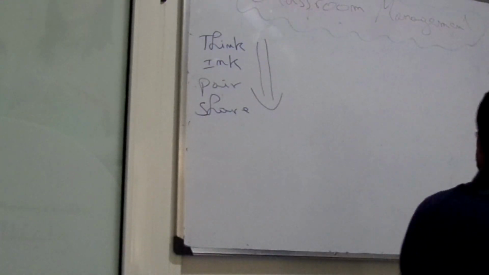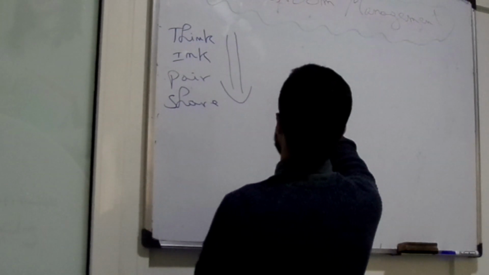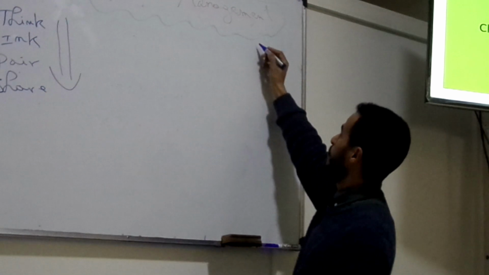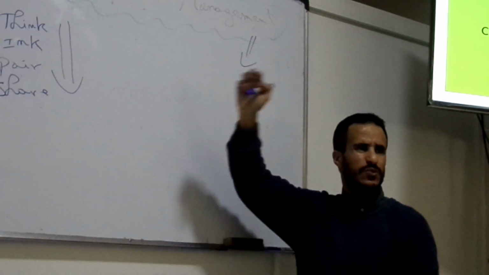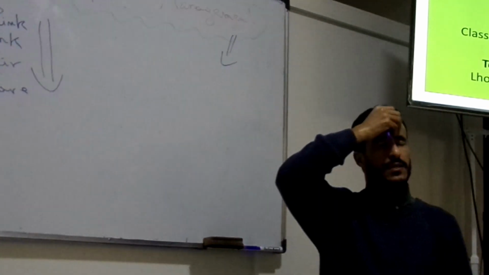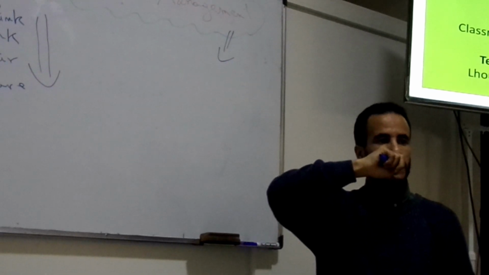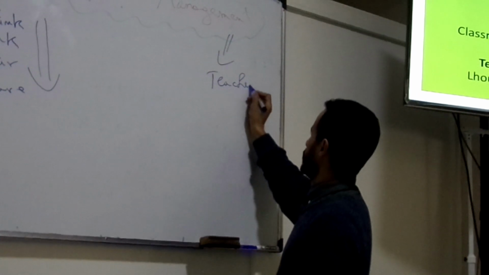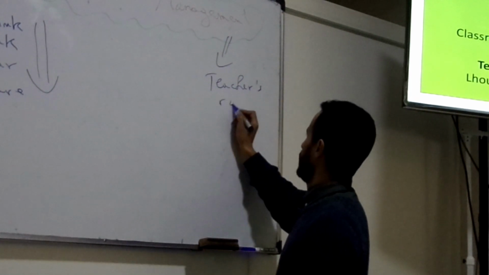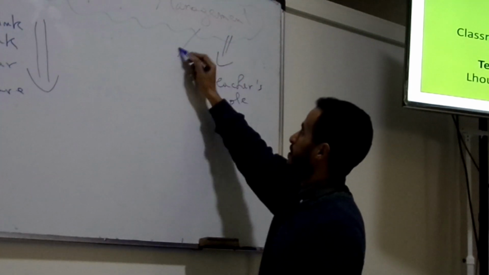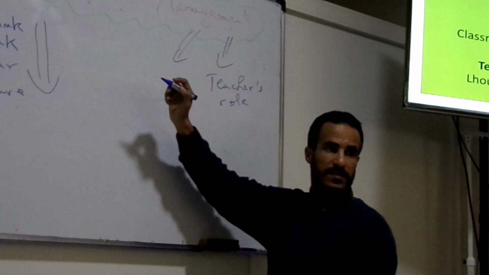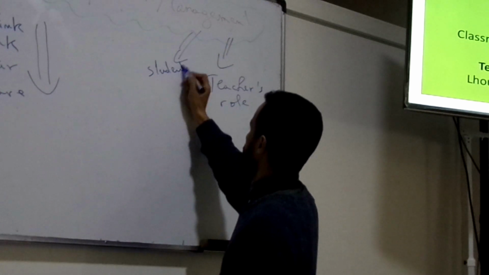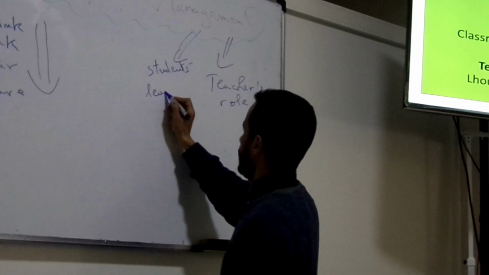Good. Now, when we talk about classroom management, someone talks about, what did you say? You talked about actions taken by teachers. Yeah, the teacher's role. Some talk about students' learning.